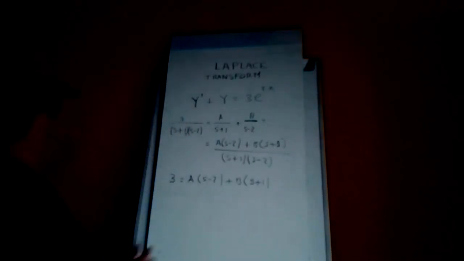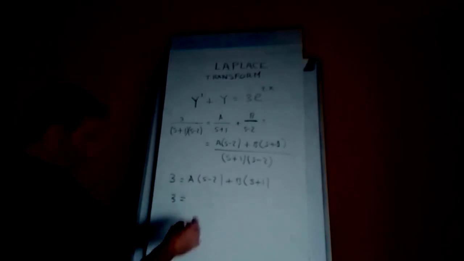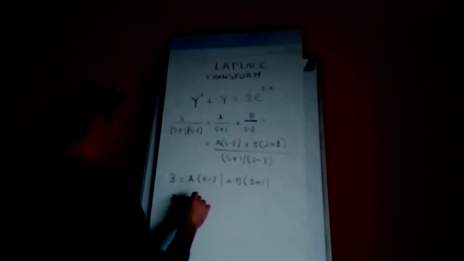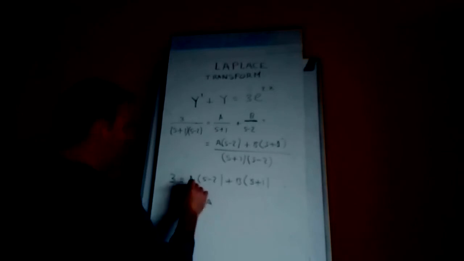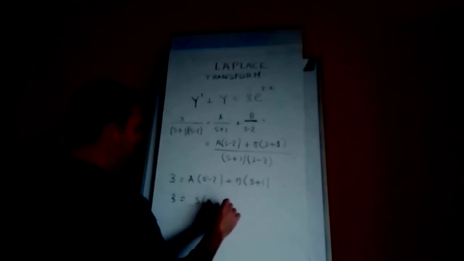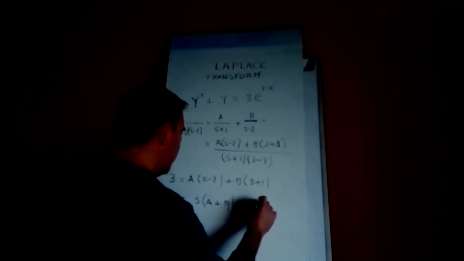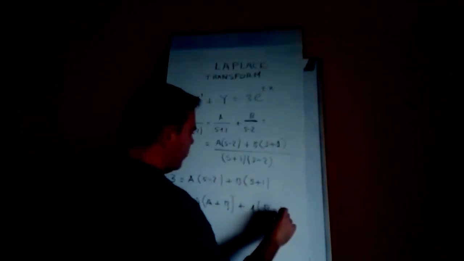Developing this equation and rearranging the terms, 3 equals s times (a plus b) plus the independent term b minus 2 times a.